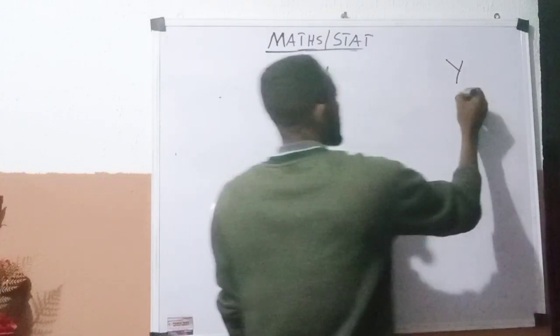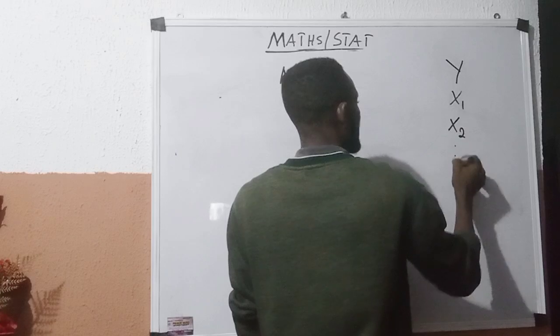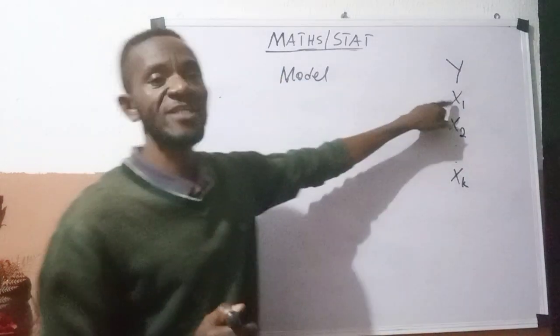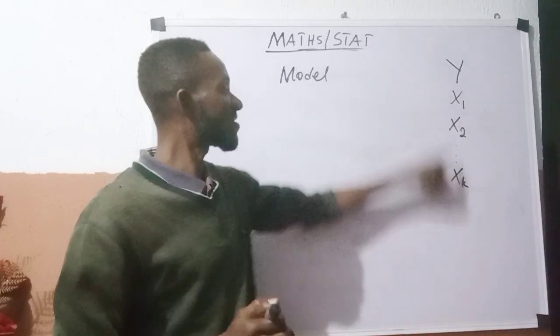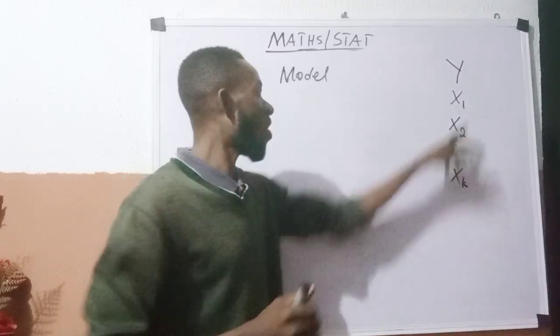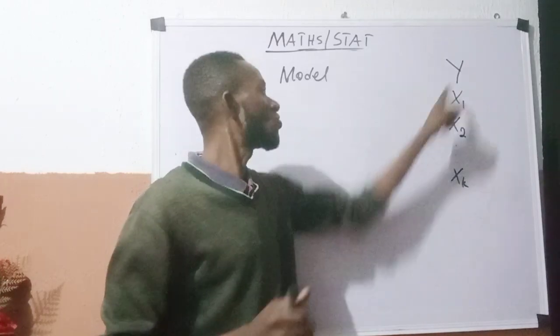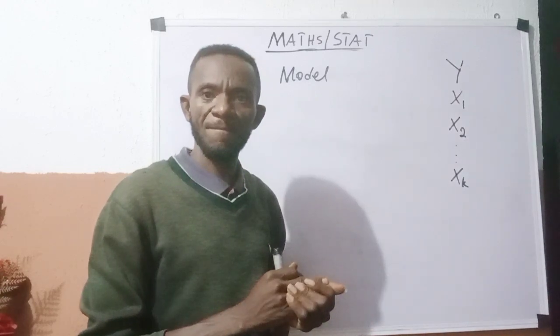So I have x1, x2, down to xk. That is the first explanatory variable, second explanatory variable, down to the kth explanatory variable. All these variables, their values are being used to predict the value of this dependent variable Y.